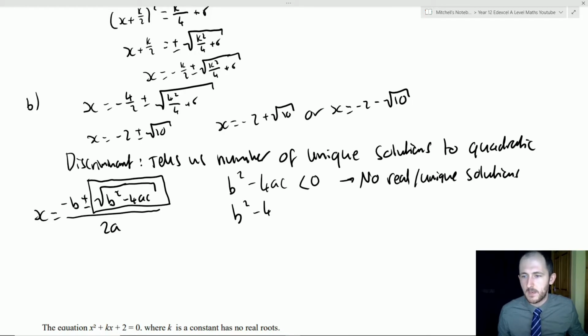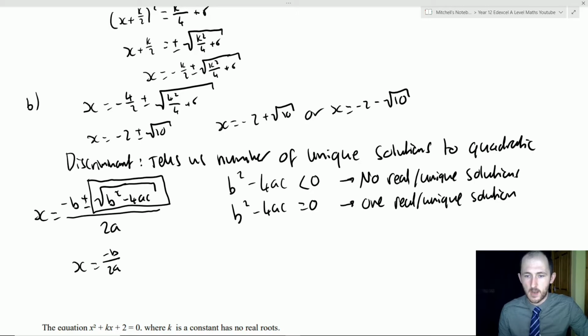Now what if it equals 0? Well, if this equals 0, the whole equation collapses into just being x equals minus b over 2a. That only has one answer. So there is one real and unique solution.